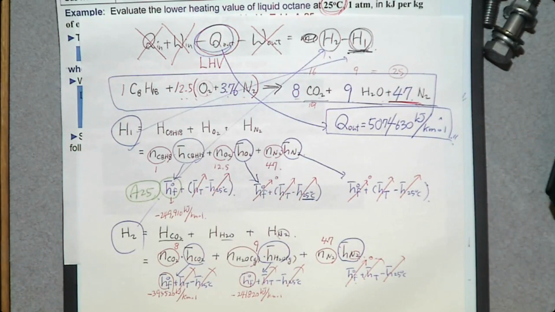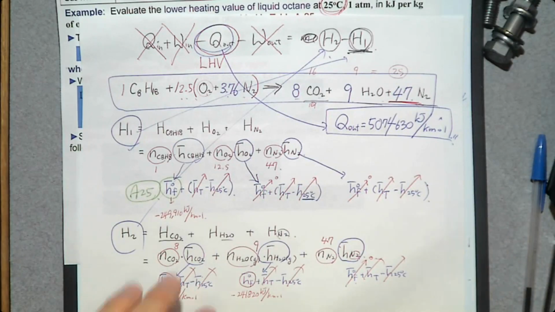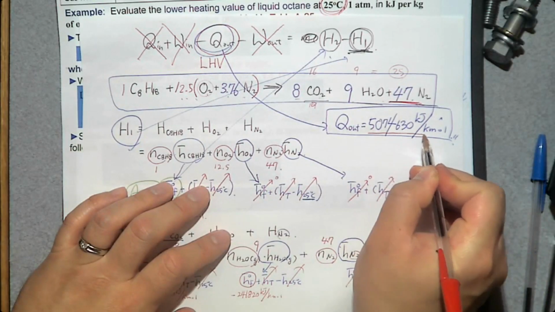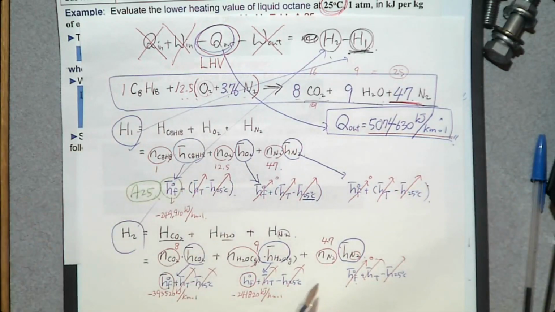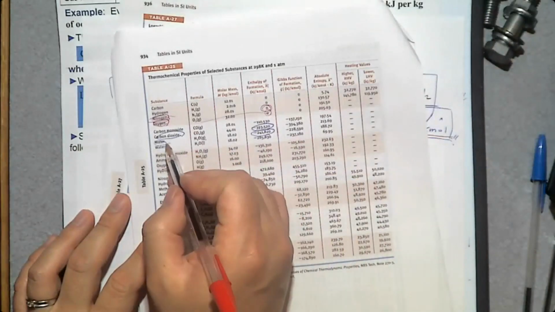But you may not like kilojoule per kilomole. From Thermodynamics 1, we are more familiar with kilojoule per kilogram. How can you convert this into kilojoule per kilogram? You can divide by the molecular weight of liquid octane. What is the molecular weight of liquid octane? You can go back to table A25.